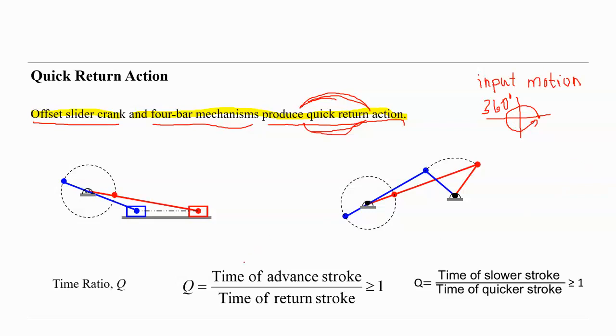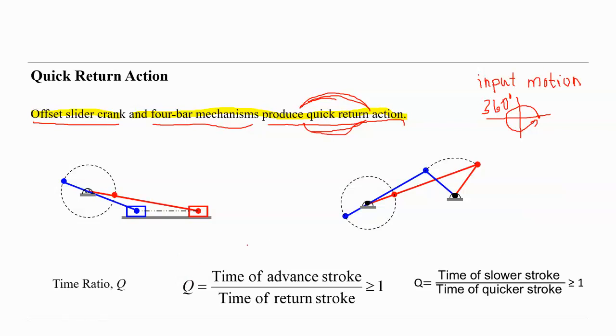But in the output motion, we sometimes expect a quick return. Quick return means we spend less angle for the quick return than the angle for the advanced stroke.